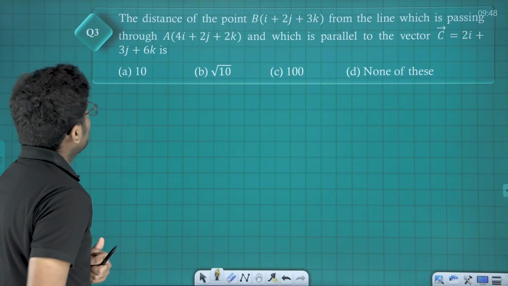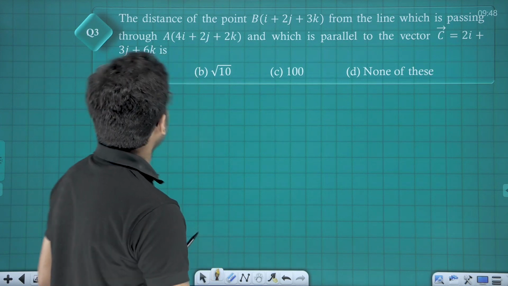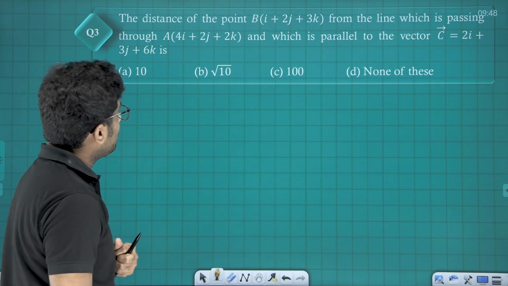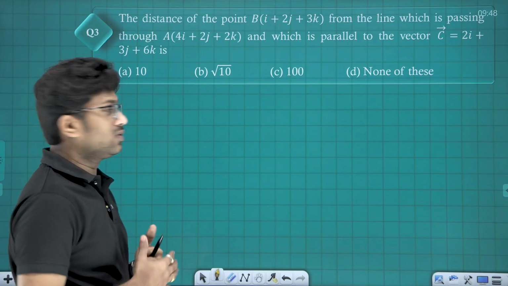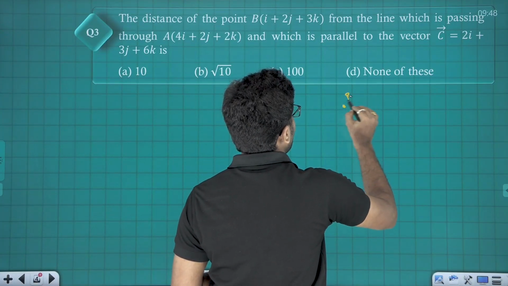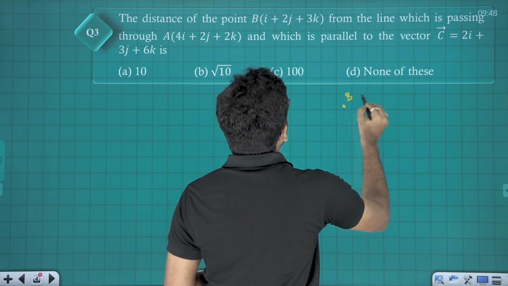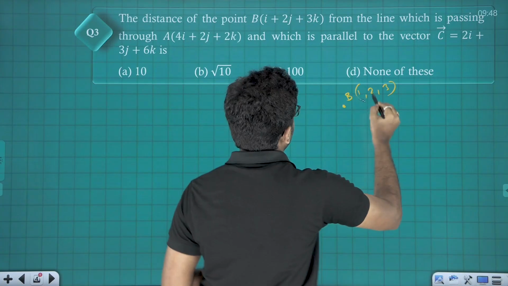Next, the distance of the point B from the line which is passing through some point and which is parallel to a vector. So they have given something, friends. They have given a point B, which is i plus 2j plus 3k, or we say 1 comma 2 comma 3.